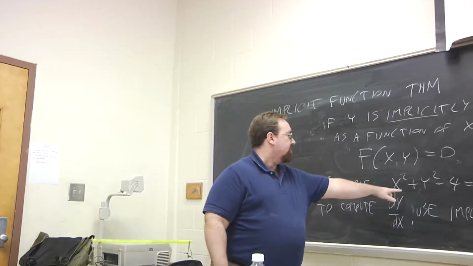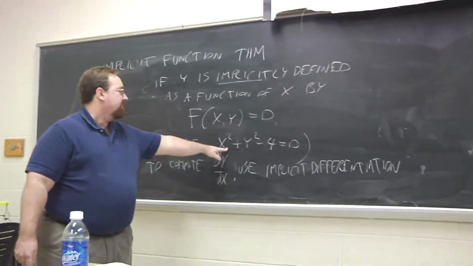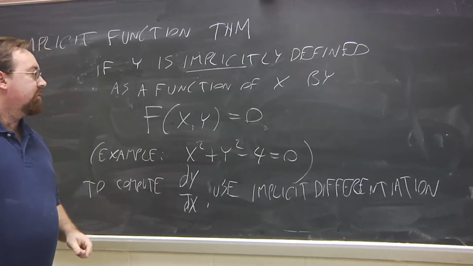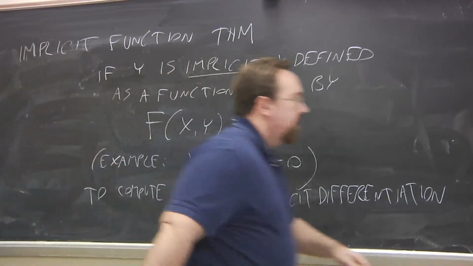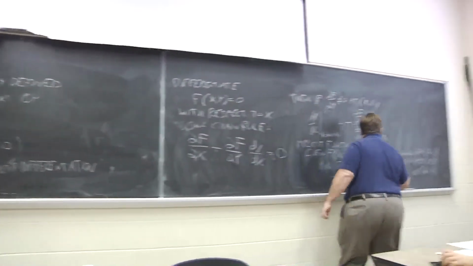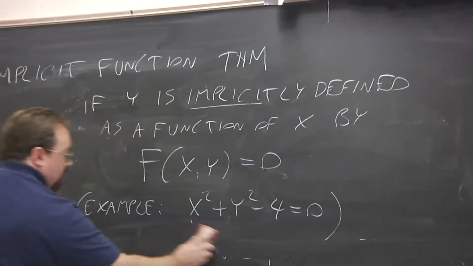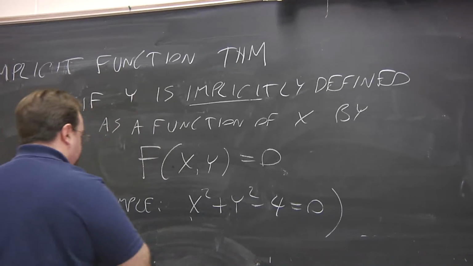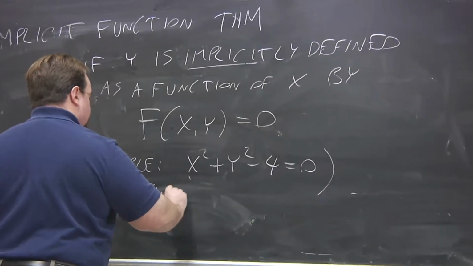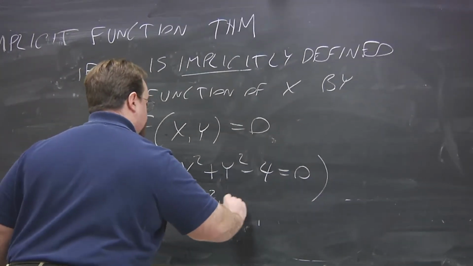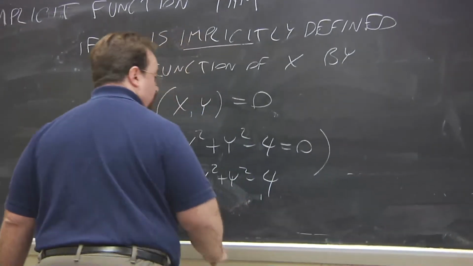To this example equation over here, x squared plus y squared minus 4 is equal to 0, let's work with that. So f of x, y is x squared plus y squared minus 4.